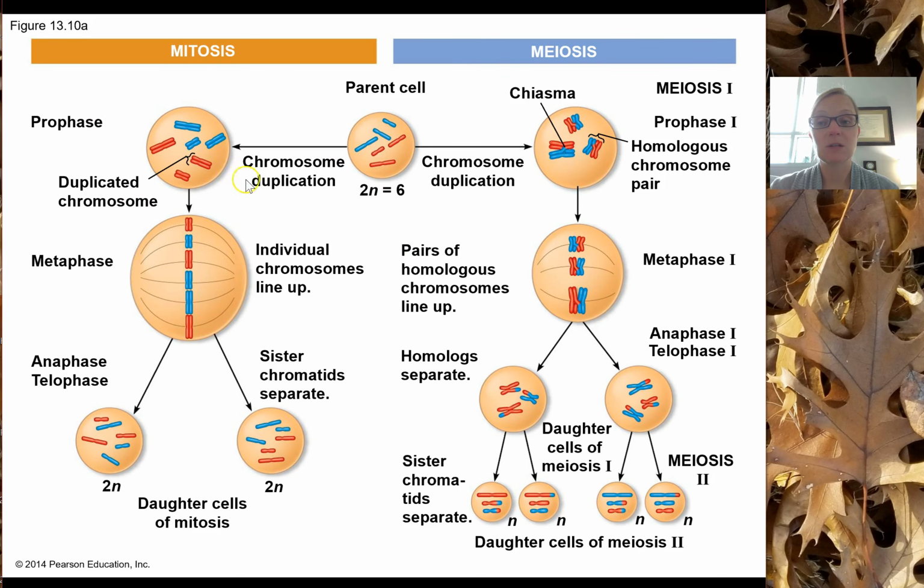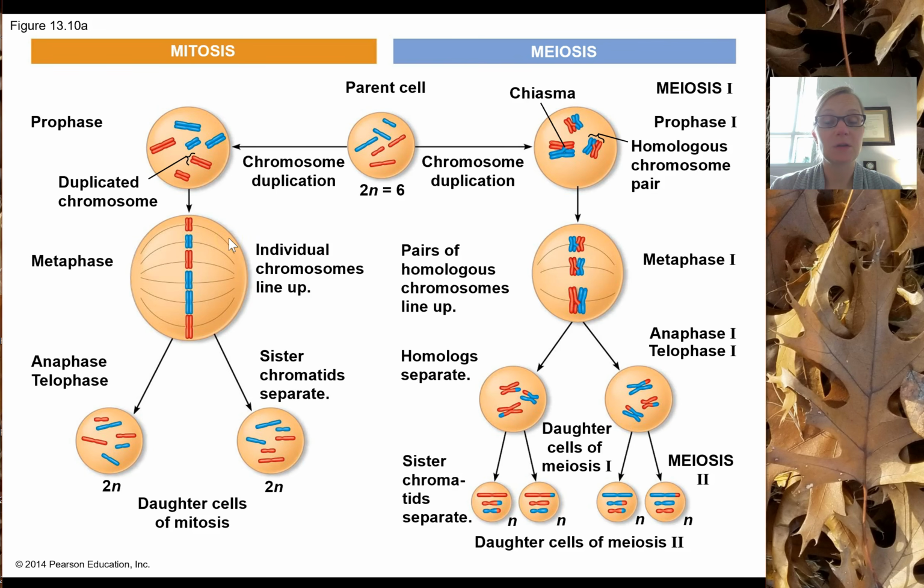You'll notice that in mitosis, all the duplicated chromosomes, while homologous chromosomes exist in the same cell, right? So this guy is homologous to that guy. Here are the 2 medium-sized ones, and there are the 2 short ones. Each of the homologs pays no attention to the other partner. And so all of the duplicated chromosomes will line up by themselves on the metaphase plate, right? So here are the 2 long ones, 2 medium-sized ones, and the 2 short ones.